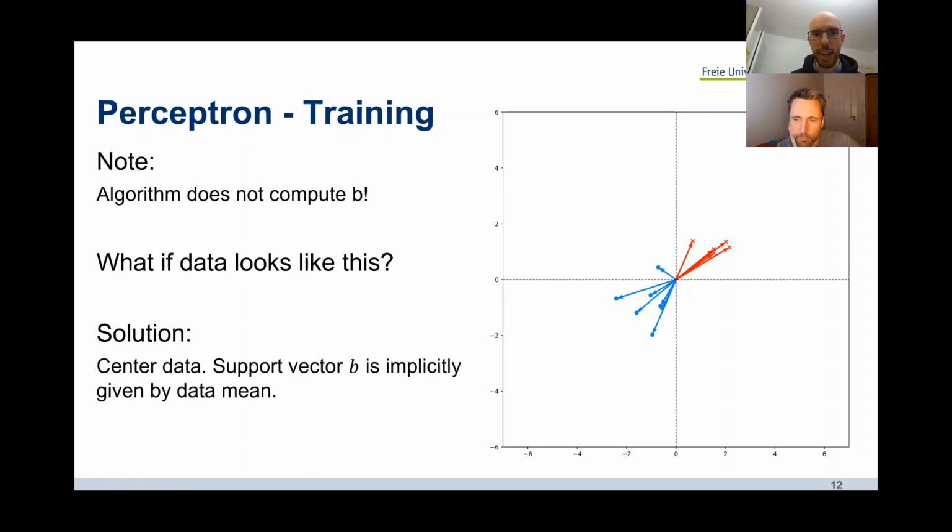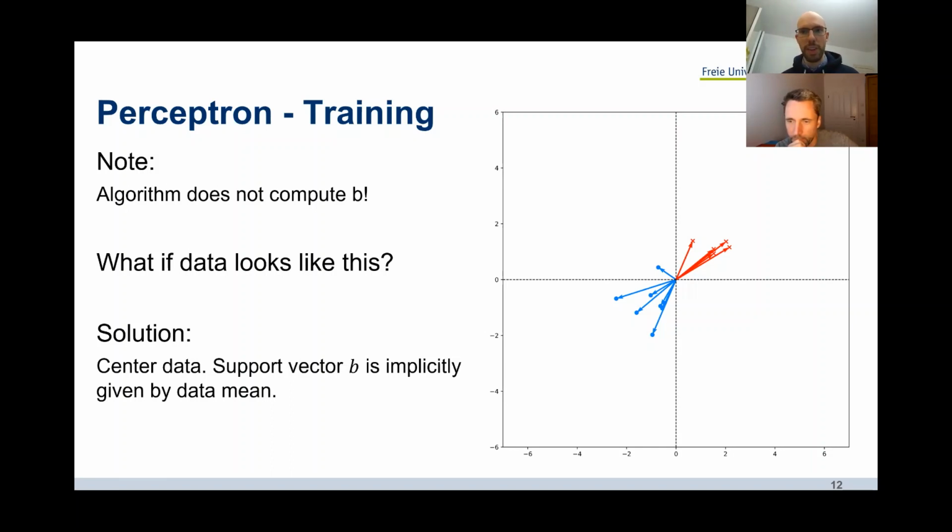Everything works out nicely again. So we implicitly calculate the support vector B before calculating the W in that case. And from there, it's just the same.